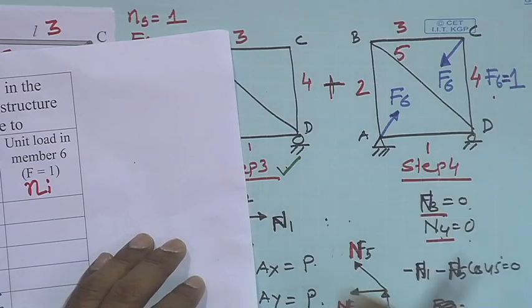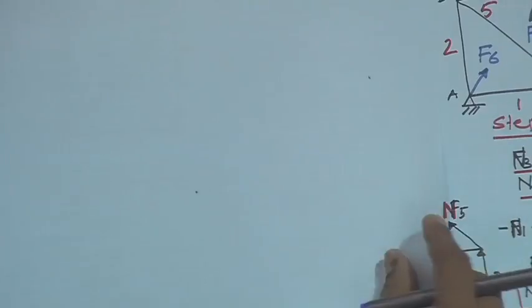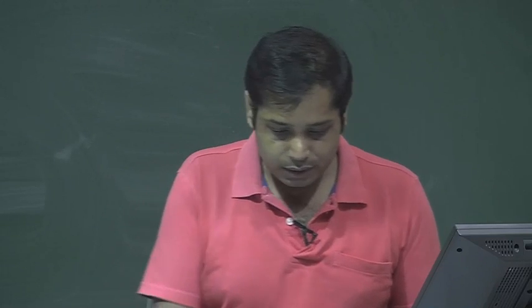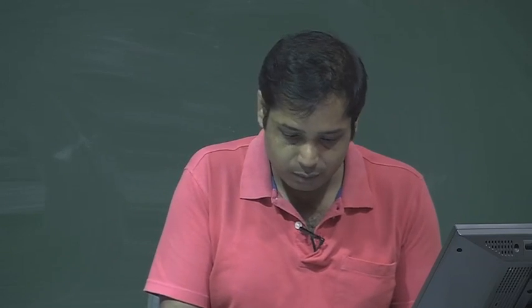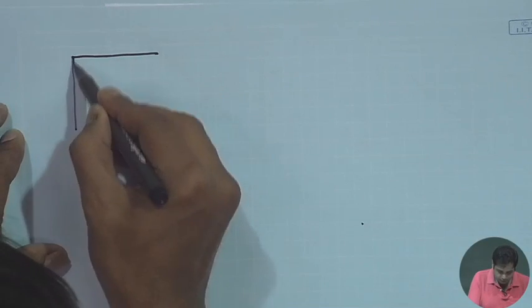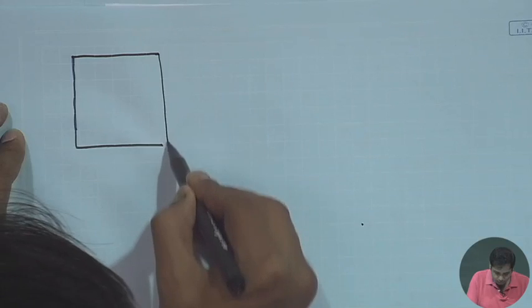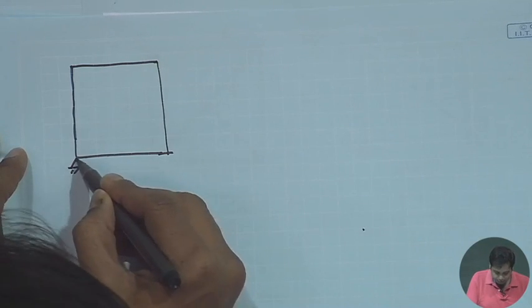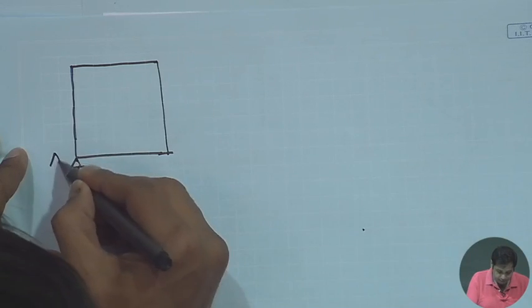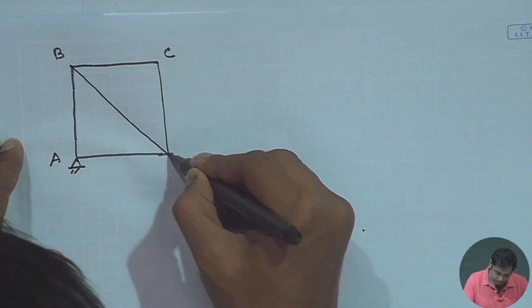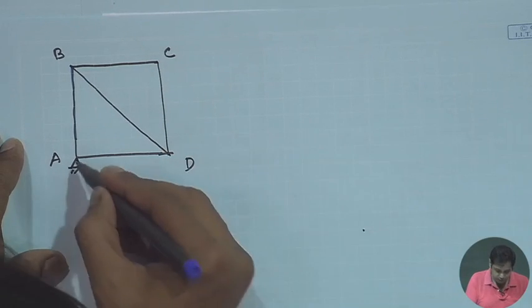So, we apply a unit load here. Let us find out the corresponding member forces. Draw the free body diagram of the structure once again. This is the truss with joints A, B, C, D and another member here, member AC. Then what are the forces we have?